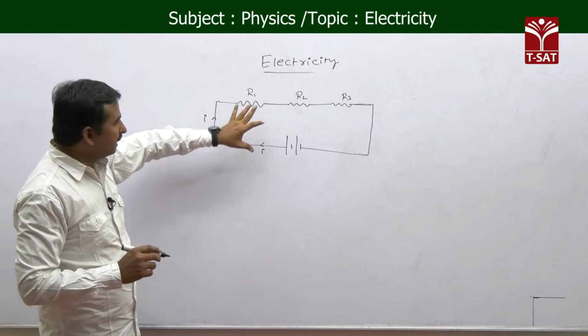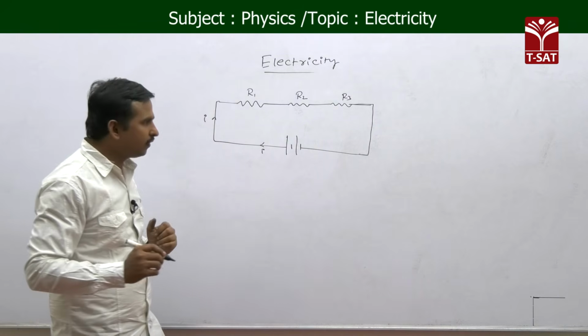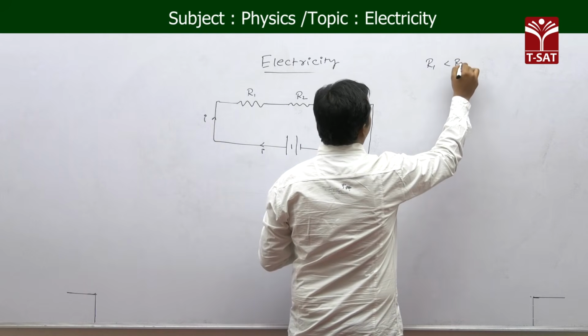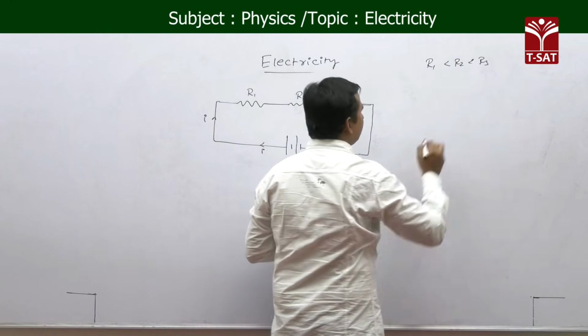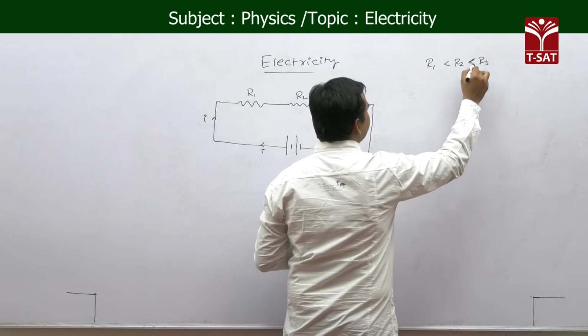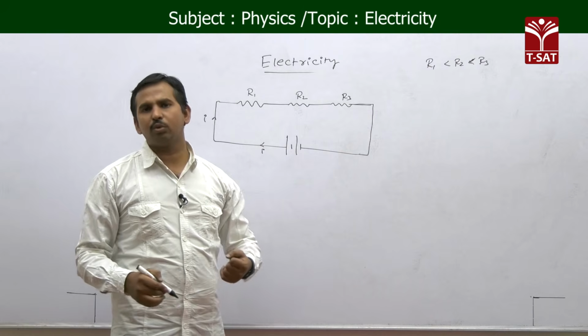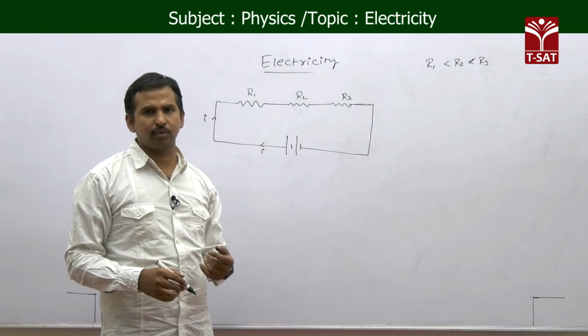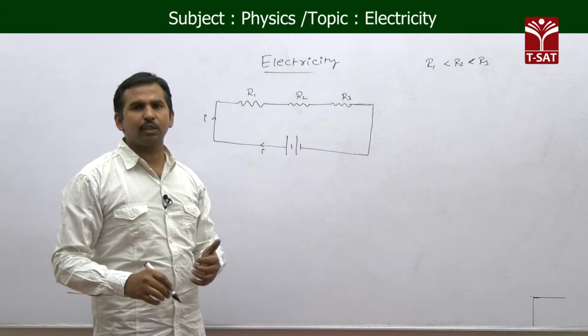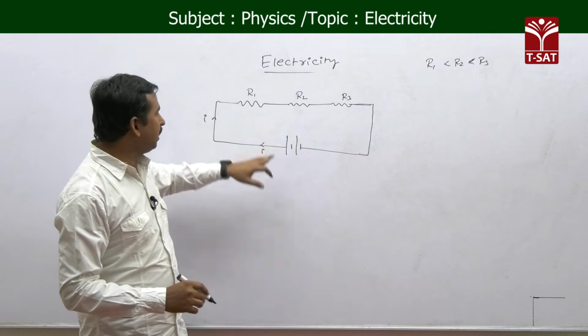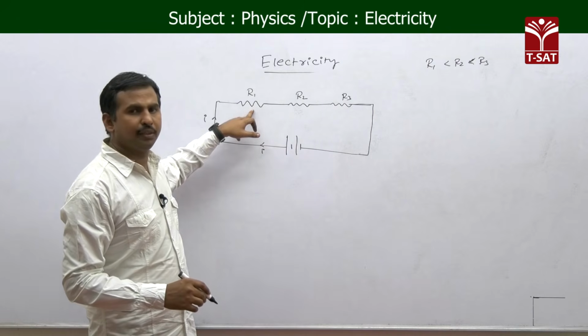The potential difference required is different because the resistance is not the same. For example, take R1 less than R2 less than R3. The resistance offered by the first one is less, so the battery need not do more work for the charges to move through it. That's why the voltage value is different.